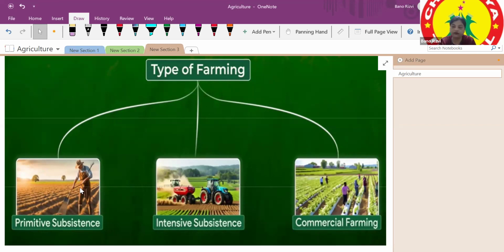Why? Because it is for our own use, but we have a larger family to feed. This is used where there is a larger population. But when we come to commercial farming, as the name describes, commercial is something where we are going to be earning money from. So this farming is done when we want to earn money out of our farming.